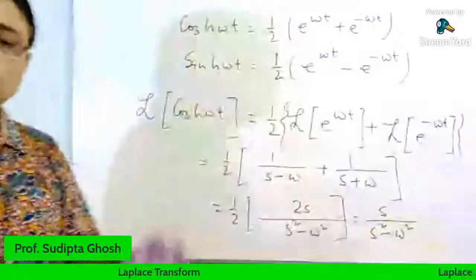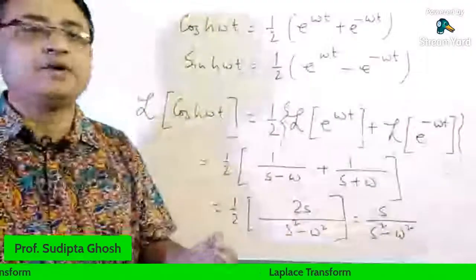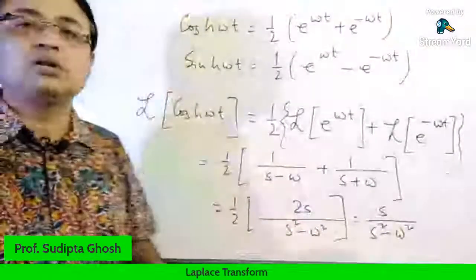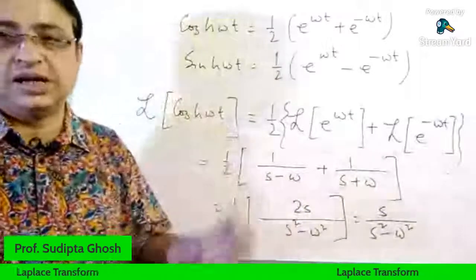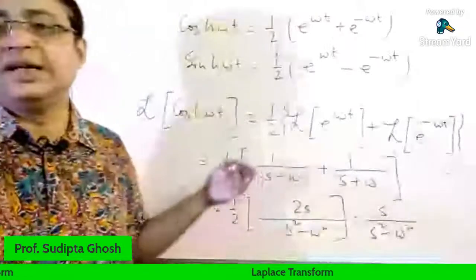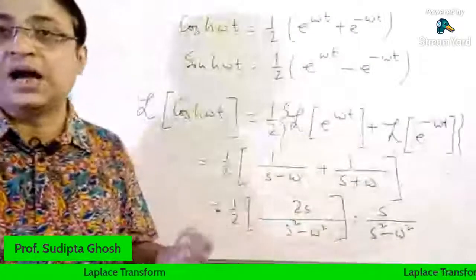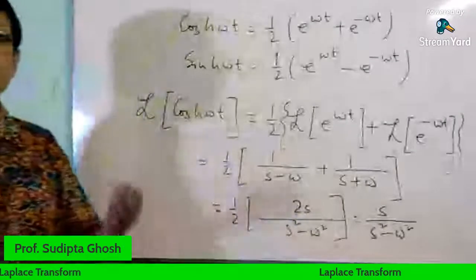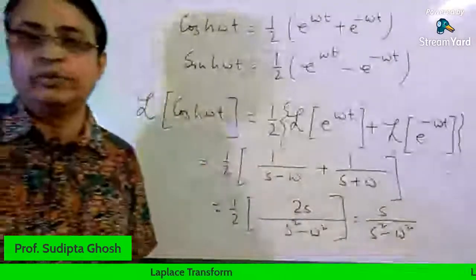I think all of you are clever enough to derive the Laplace transform of sine hyperbolic omega t yourself. Just go on proceeding this way, and the value becomes omega by s square minus omega square.